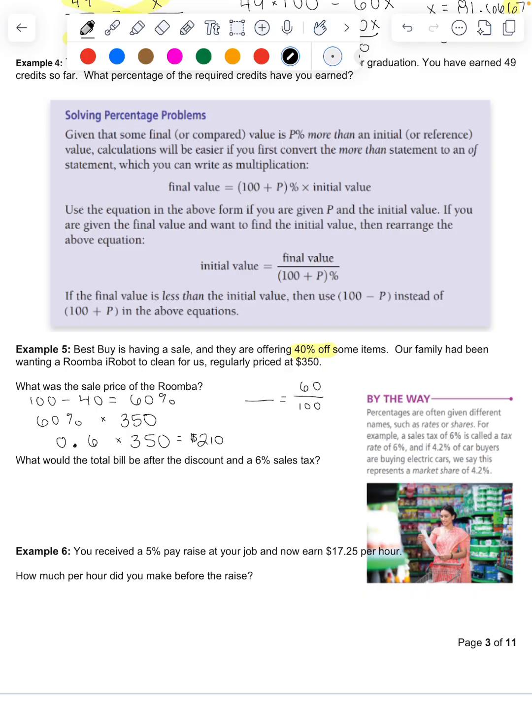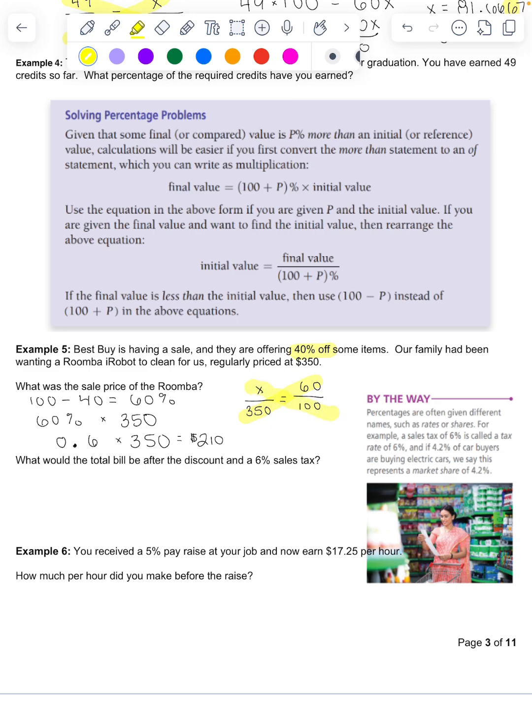We're looking for the part, the sale price, and the whole price is $350. It better be less than $350, because if it's on sale and I'm paying more, then something is wrong. That's not a good deal.